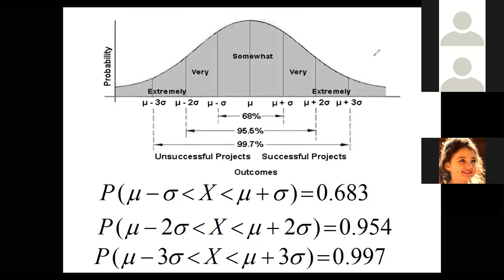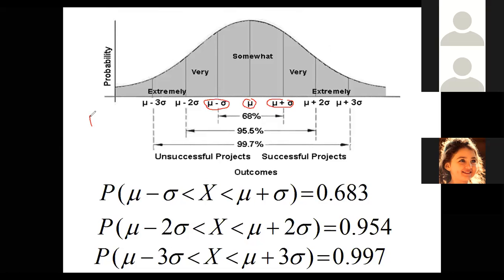Clear? Right. In this normal distribution, this is the mean, no problem. Mean plus sigma, so that is always a positive sign, and mean minus sigma, for any normal distribution, right?